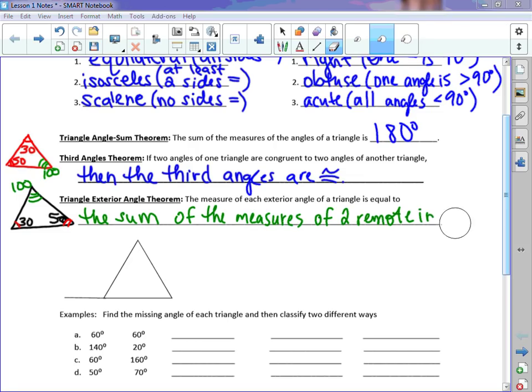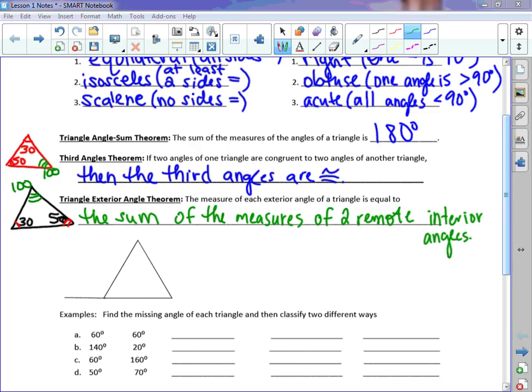Remote interior angles. This is my triangle exterior angle theorem.